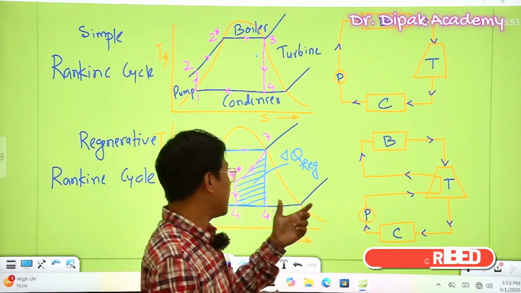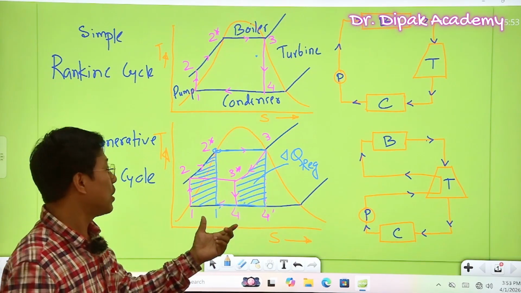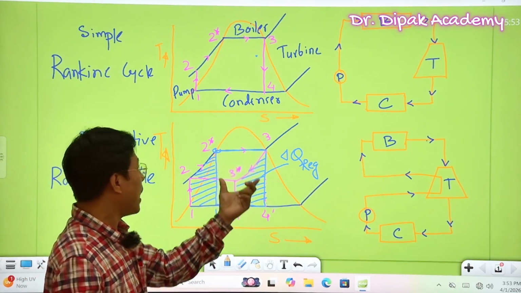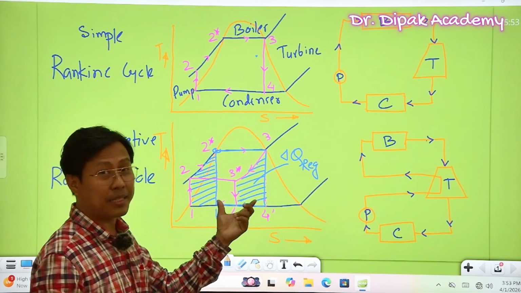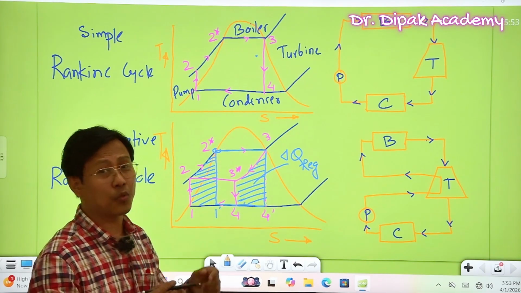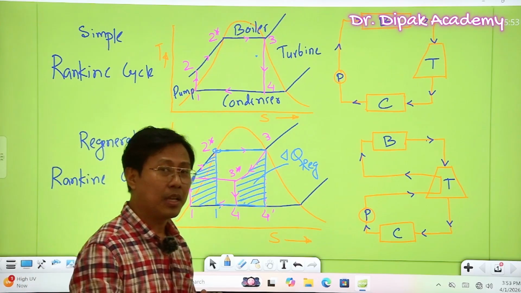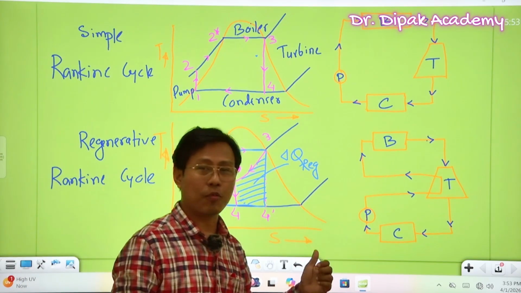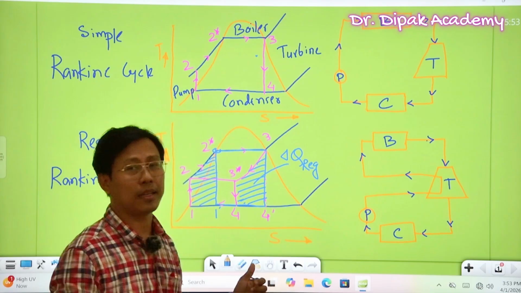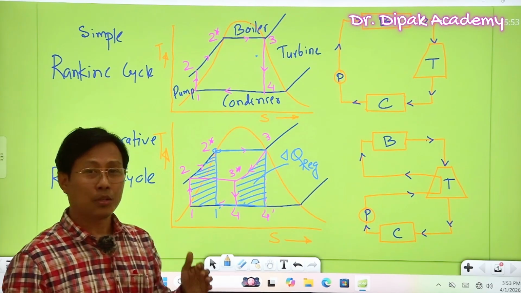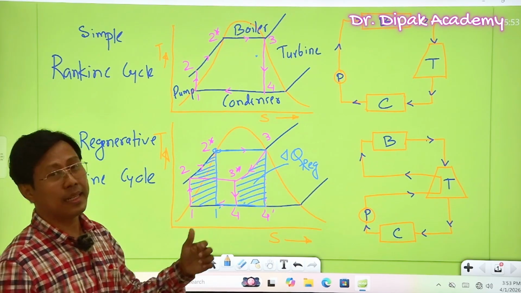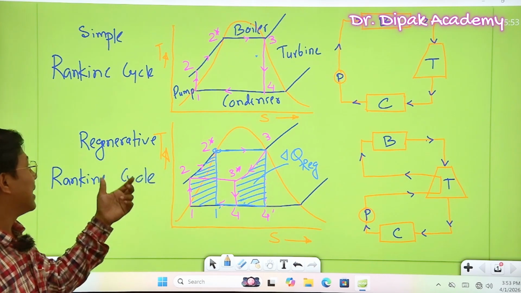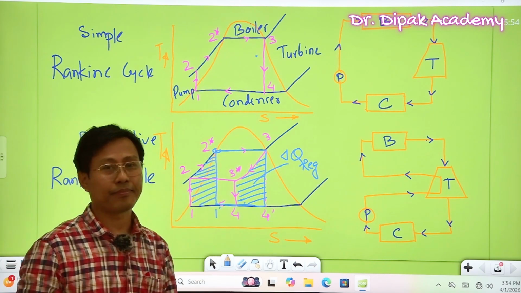Clear? So from this diagram we can easily find out this final cycle becomes equivalent to the Carnot cycle. In this way we have a better efficiency, an efficiency which is equivalent to the efficiency of the Carnot cycle. Okay, so in this way we get the advantage of this regenerative Rankine cycle.